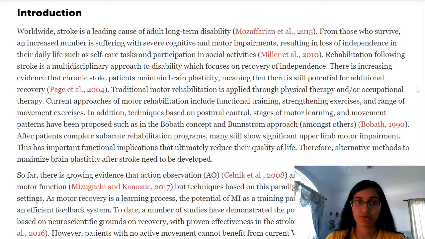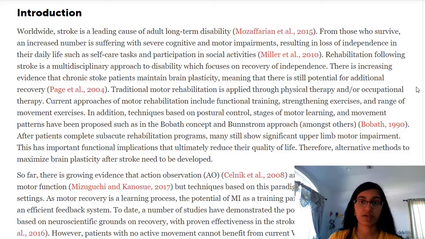Rehabilitation, following stroke, is a multidisciplinary approach to disability which focuses on recovery of independence. So in these first few sentences here, they give us a brief introduction of what the issue is, aka what the effects of stroke are, what they're trying to rehabilitate from, and then also what rehabilitation is.